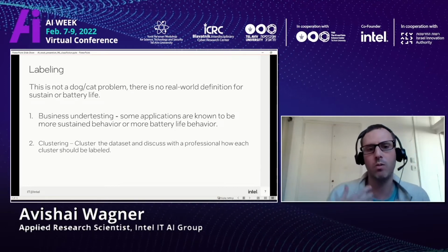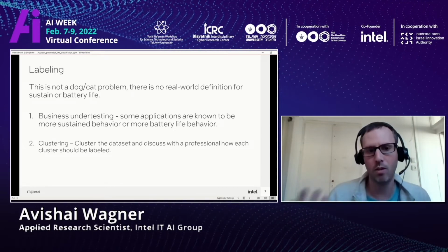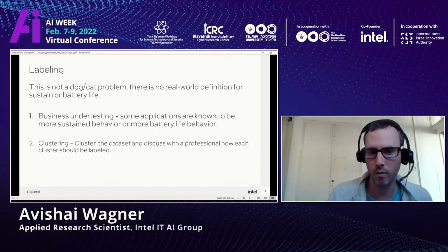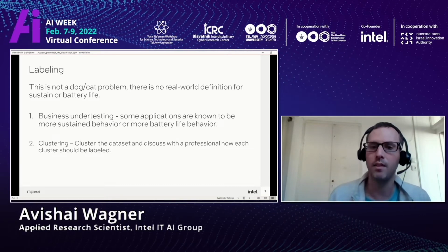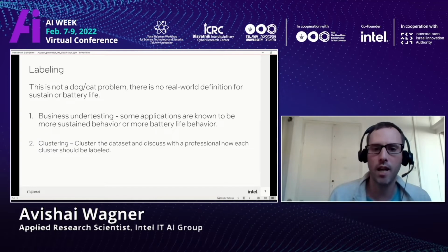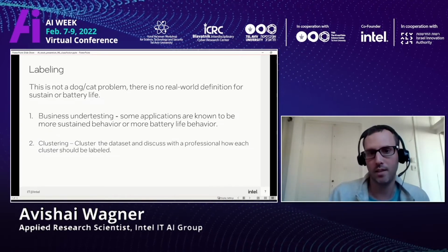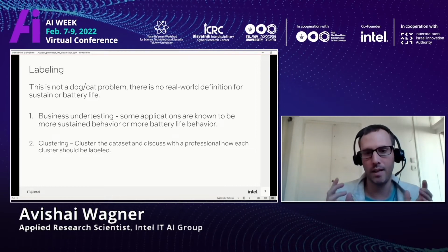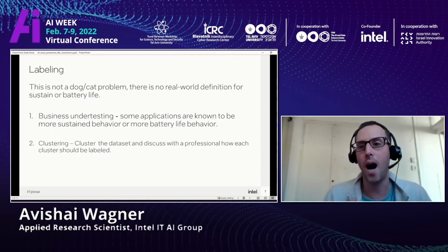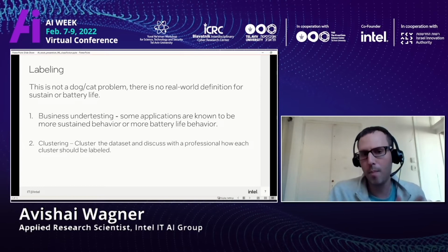Which leads me to the next type of method, which is clustering. We can cluster the data set and discuss with professionals how each cluster should be labeled. For example, if we have a cluster whose samples are characterized by high power on average, it's probably sustained.